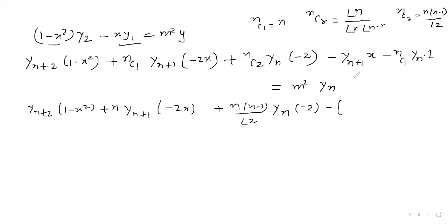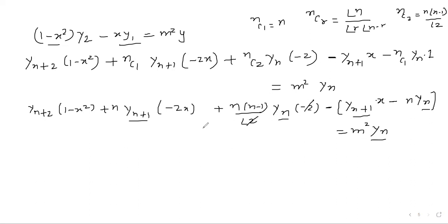So this will become yn plus 1 times x minus n times yn equals m square yn. Now what we do? We simplify it. We can take yn plus 1 common from here and yn. So, and this 2 can be cancelled by it.